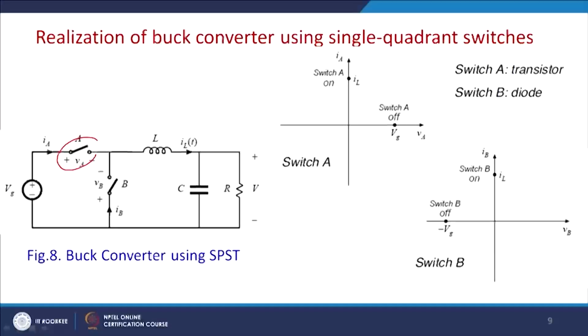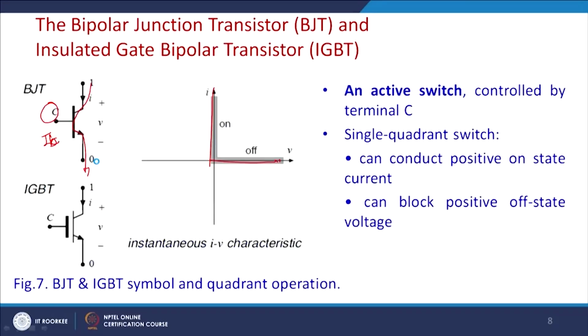let us see the same buck converter. We revisit the circuit using two SPST switches, which was shown in the second slide. So, this is the mechanical SPST switch and another SPST switch. We can use these two SPST switches to realize it.